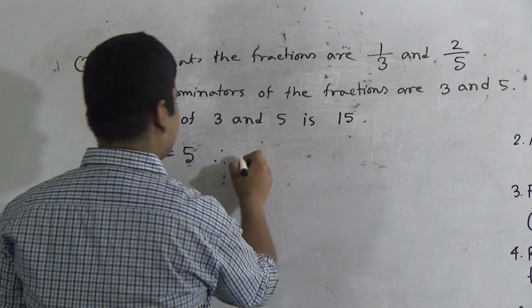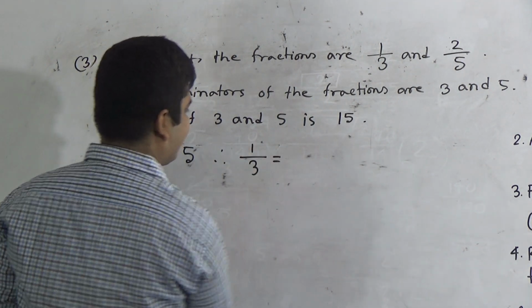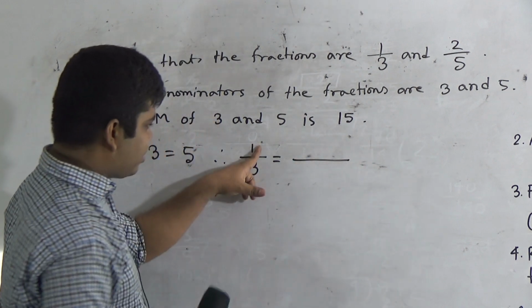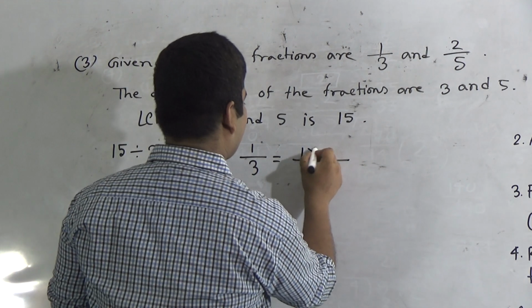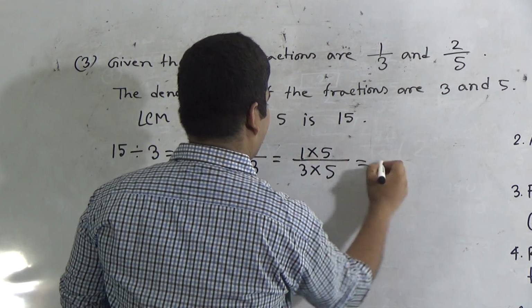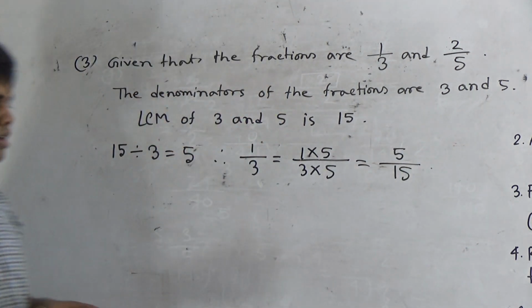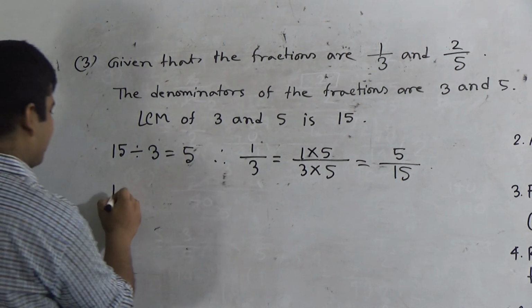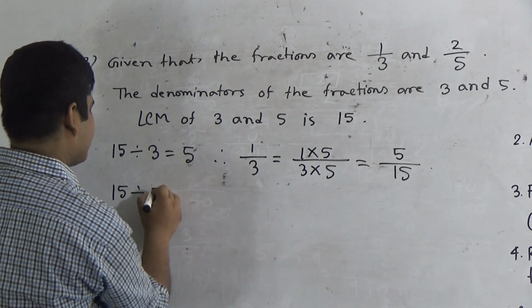Now, we write the fraction 1 by 3. Then give an equal sign. After that, both numerator and denominator are multiplied by this number. That means 1 multiplied by 5 and 3 multiplied by 5. So, 5 1s are 5, 5 3s are 15. So, the first one is done. Next, in a similar way, we divide this 15 by the denominator of the second fraction, which is 5.